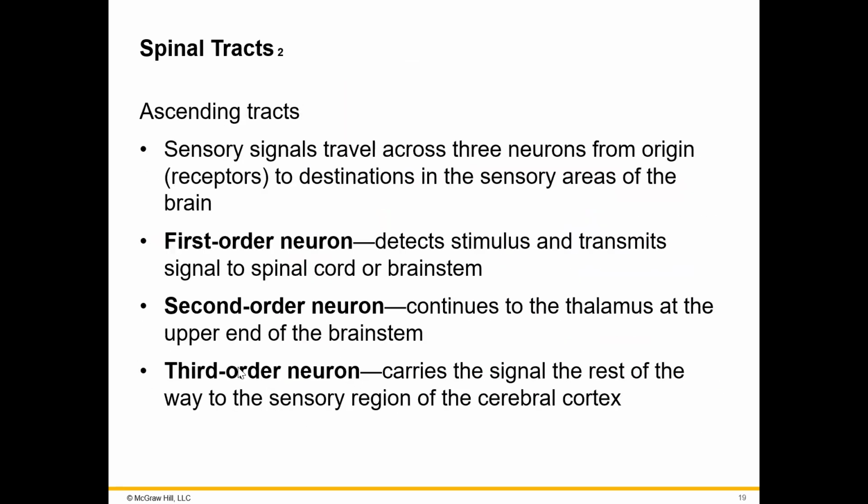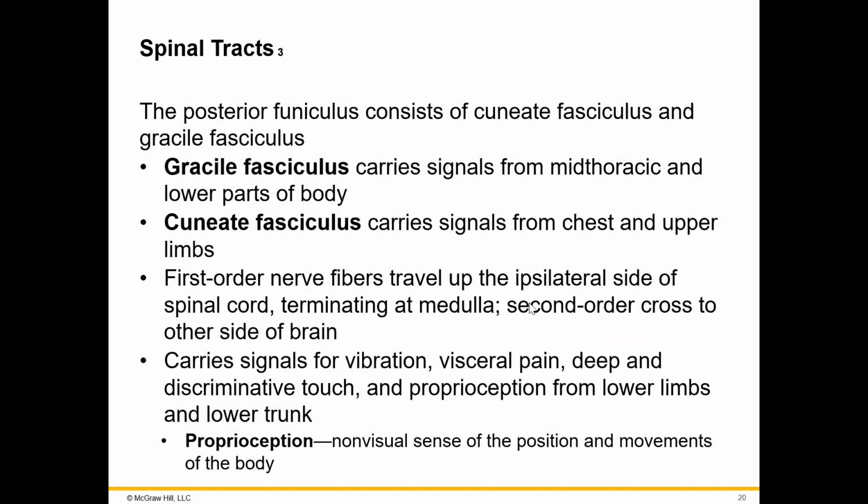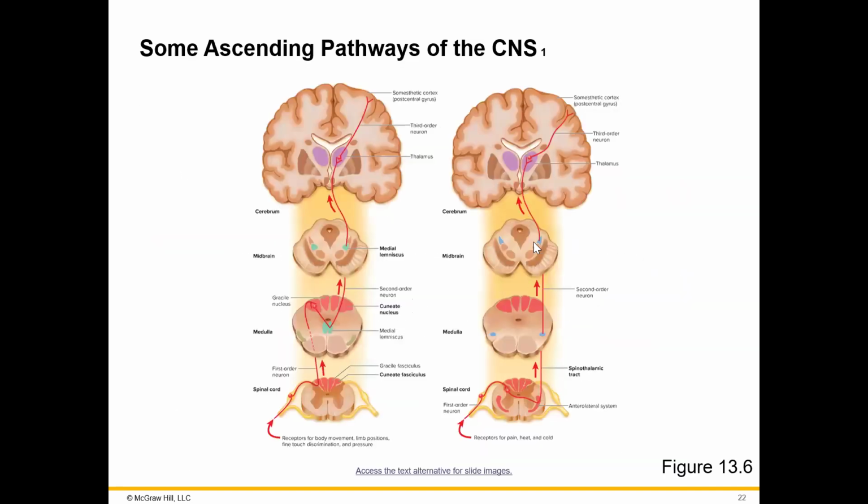It happens at the second order, receiving information from the spinal cord going up to the thalamus. From the thalamus to the brain, no decussation. From the receptor to the spinal cord, no decussation. It's always the second order neuron that either decussates to the opposite side or moves up ipsilaterally.